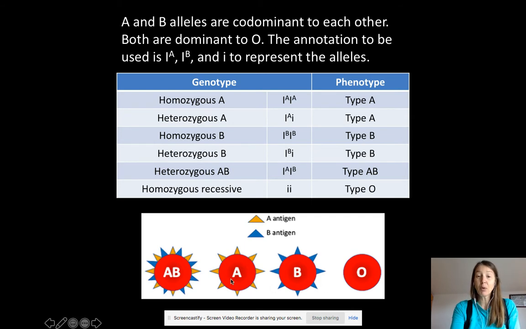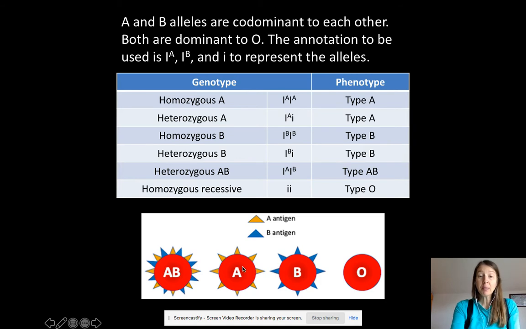We know that it's important to know blood types because if you need blood, if blood's to be donated, if you have type AB blood, your body recognizes both the A and the B antigen. Therefore, you will not elicit an immune response. You will not create antibodies against the A or the B because your body recognizes that.